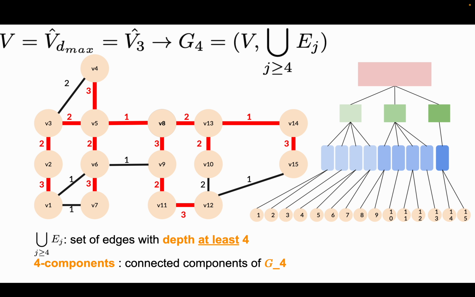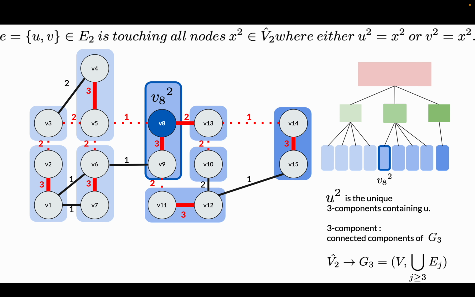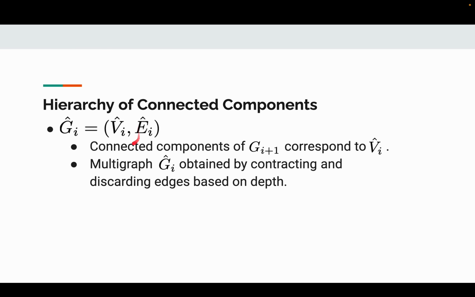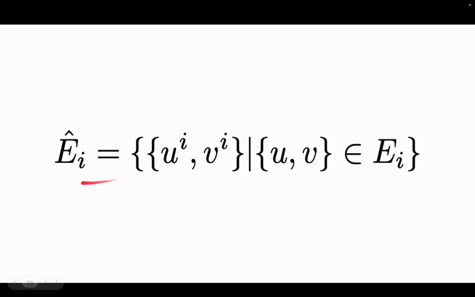But maybe in a later chapter it will be clearer why this kind of notation was used. All right, so we already know what V hat i is. So what is E hat i? E hat i means it is (U superscript i, V superscript i) for every edge in E_i, meaning all the edges with a depth of i.